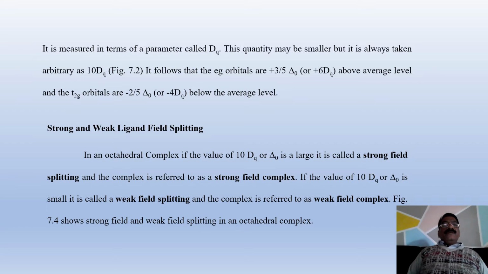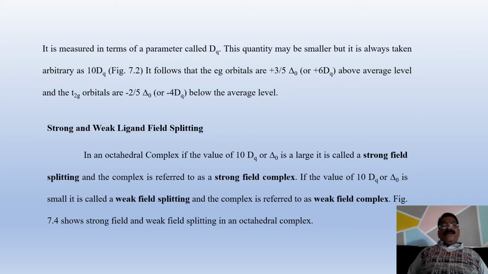It is measured in terms of a parameter called Dq. This quantity may be smaller, but it is always taken arbitrarily as 10 Dq. It shows that the eg orbitals are plus 3 by 5 delta O or plus 6 Dq above the average level, and the t2g orbitals are minus 2 by 5 delta O or minus 4 Dq below the average level.